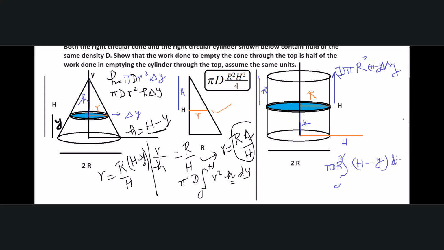Okay, and once you integrate it, what you will get is pi d R squared H squared over 2, which of course is twice this quantity, or the quantity here is half of this quantity. All right.